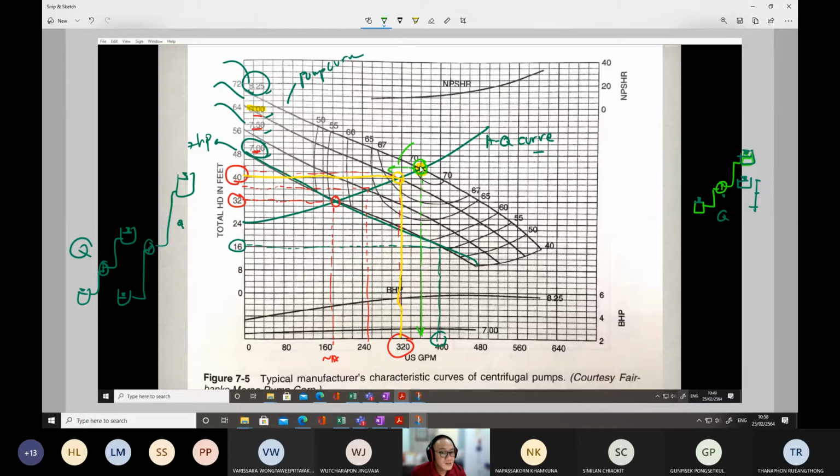This is actually better in terms of capacities. If we don't have any problems about the budget, you may choose the big one. Why? Because it meets both the flow rate and the total head required, but it also gives better efficiency.